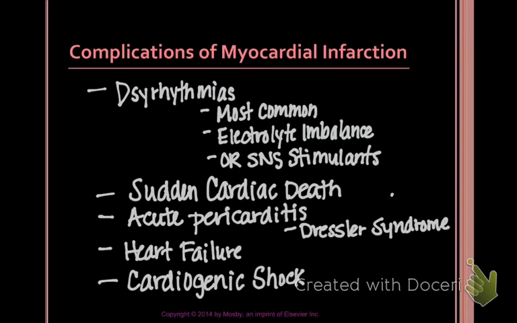Another complication is sudden cardiac death, which we talked about, right? Another complication would be acute pericarditis or Dressler syndrome, and we're going to talk more about that because that is one of your learning objectives. Then heart failure, which we're going to talk a lot more about, and cardiogenic shock.